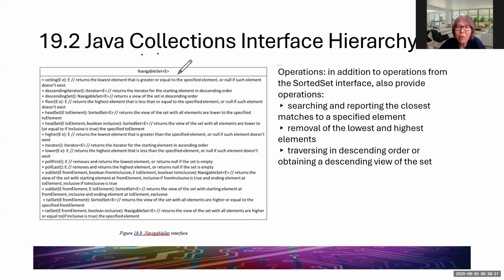And from SortedSet, the framework also provides another interface that allows navigation. It's called NavigableSet. For Navigable, it also supports search and reports the closest matches to a specified element. This is also quite useful. And also removal of the lowest or highest element, and traversing not in ascending but in descending order.